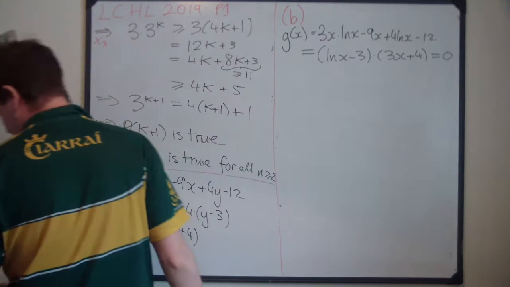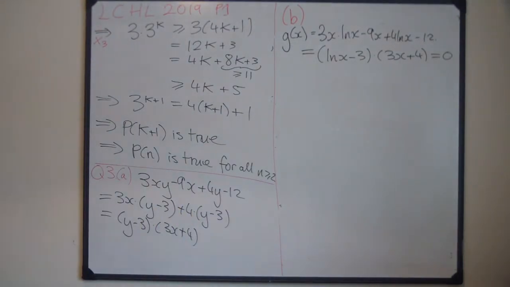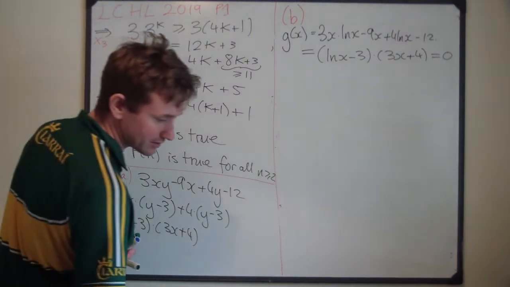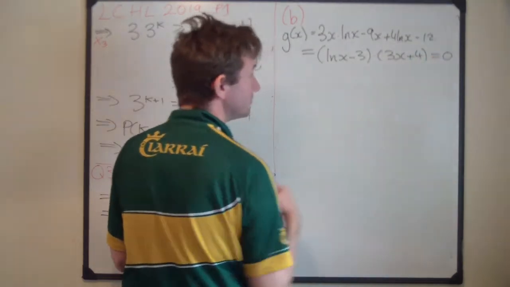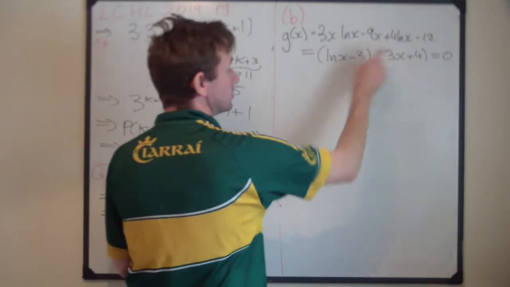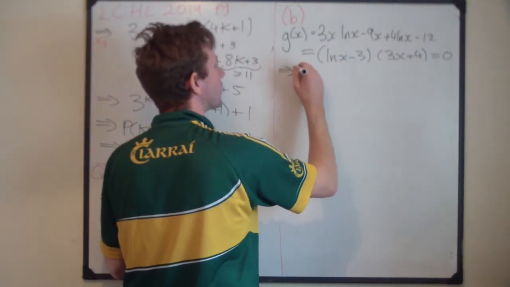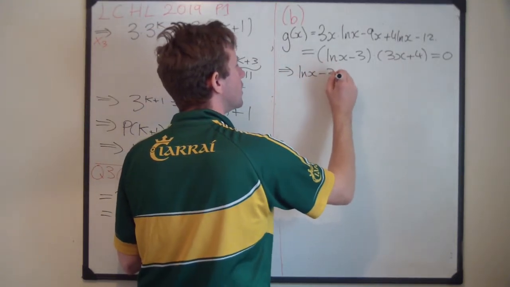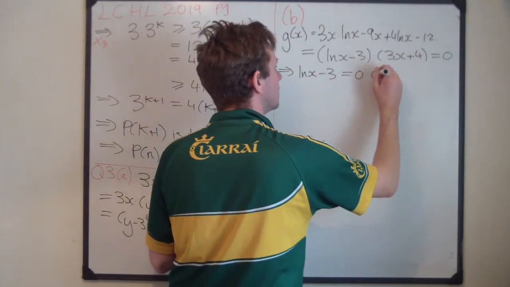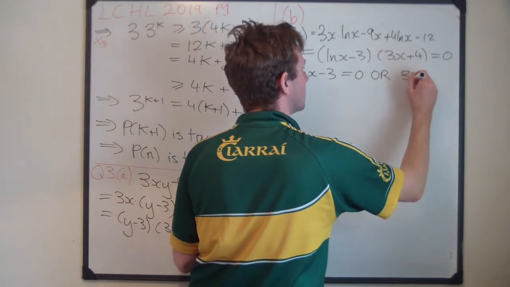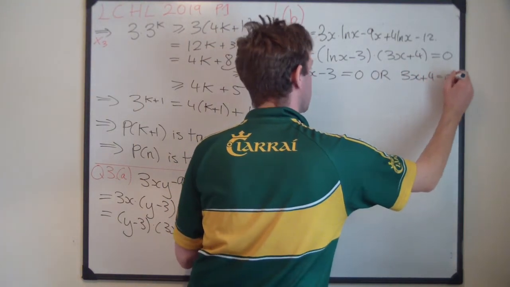And that kind of pattern spotting, I think that's a difficult skill to learn. You just need to do loads of questions and start seeing patterns. The next part is mathematical. You've got 2 numbers multiplied together giving you 0. Either this is 0 or this is 0. The same principle is behind why you factorize quadratics.